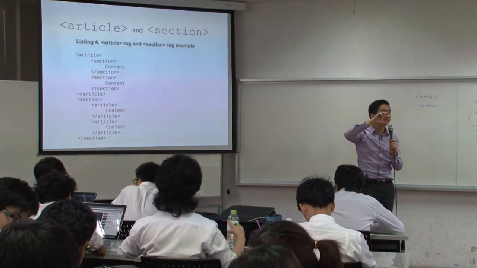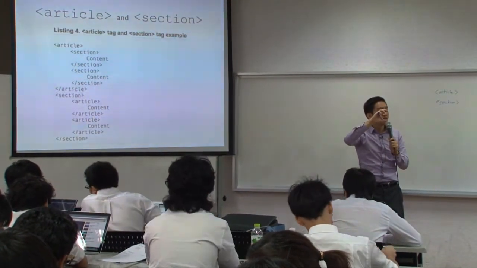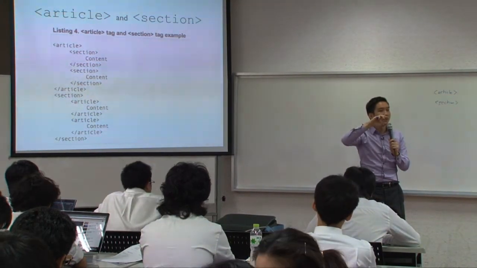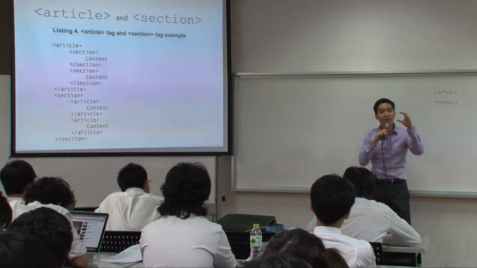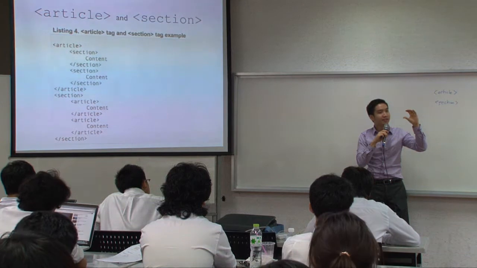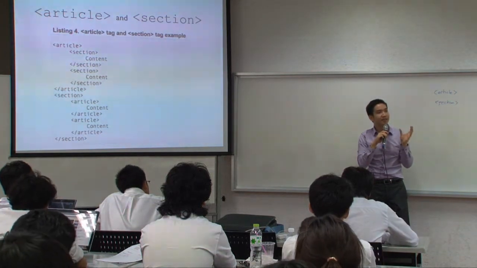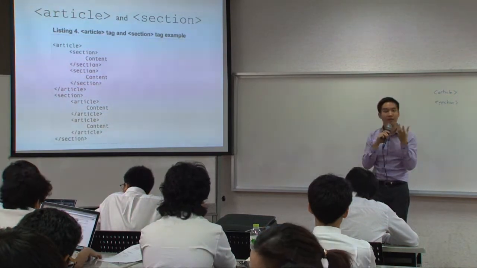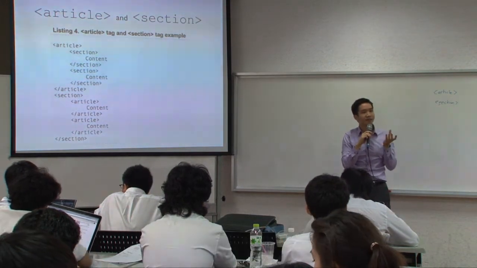Whereas section is simply incomplete information. If you were to remove section and have it stand on its own, it would not make sense because it's supposed to be information that supplements the main text. So that's the difference between them.